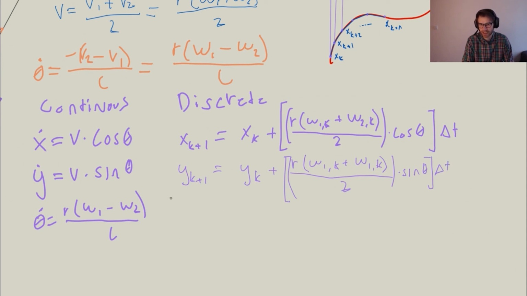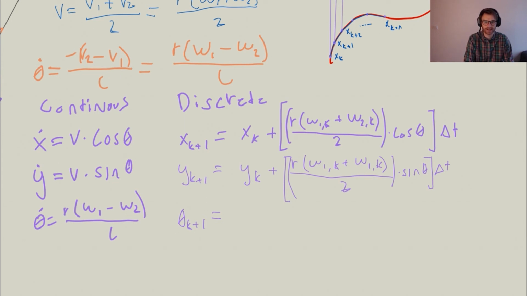Now for the angle, it is very similar. So we have in the next time step, what is the angle? So the heading of the vehicle. The output of this is that as time goes forward, we always get the x and y coordinate, so the location of the robot, and the heading.